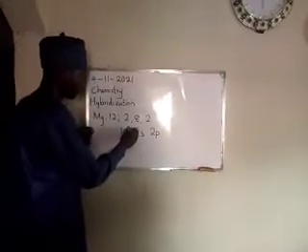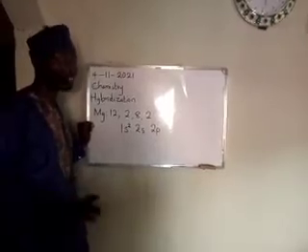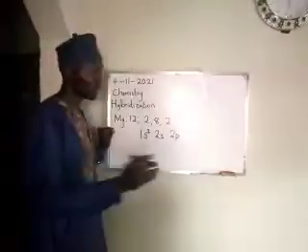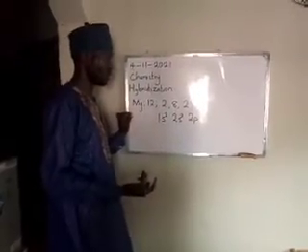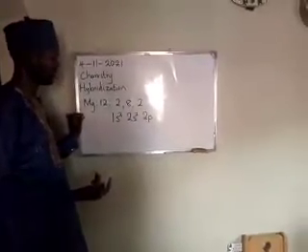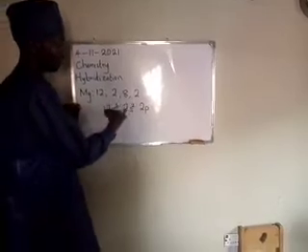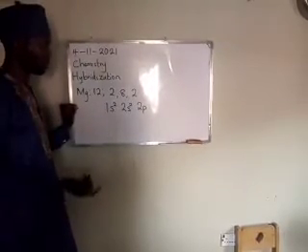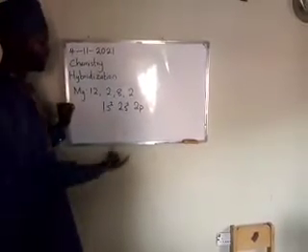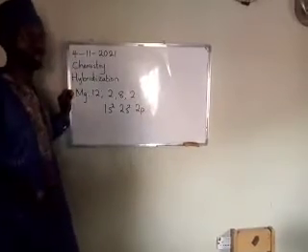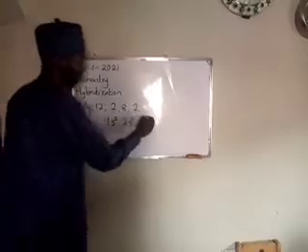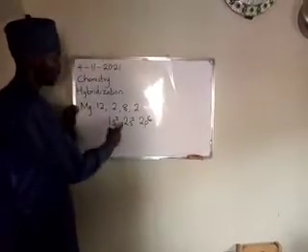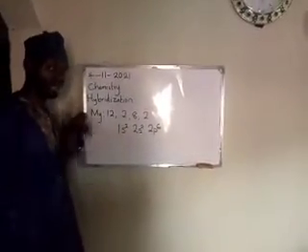We have 2. 2s can accommodate a maximum of 2 electrons. That is 2 plus 2, 4. Remaining how many? Deduct 4 from 12, the remaining is 8. The maximum number of electrons that the p orbital can accommodate is 6 electrons.